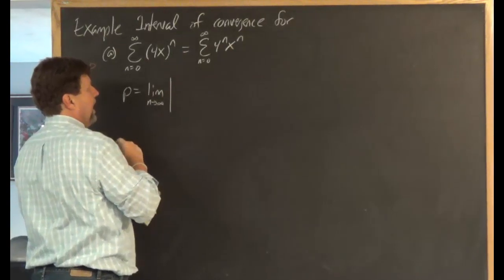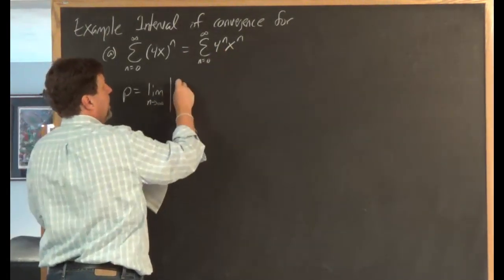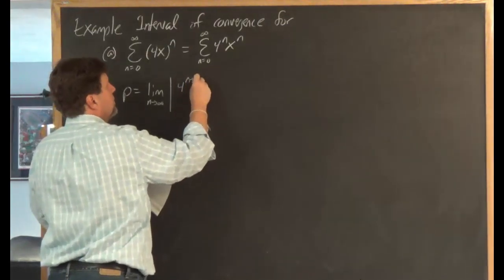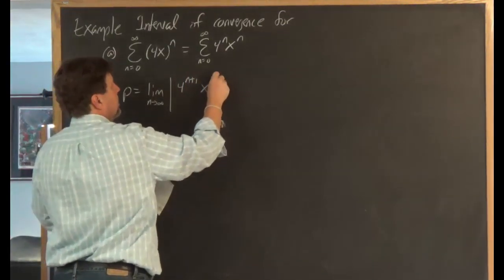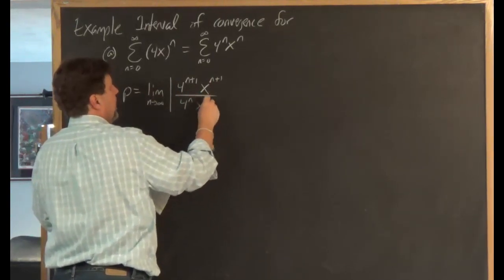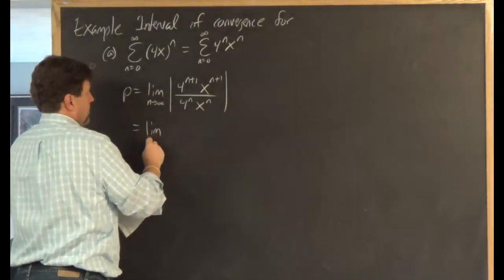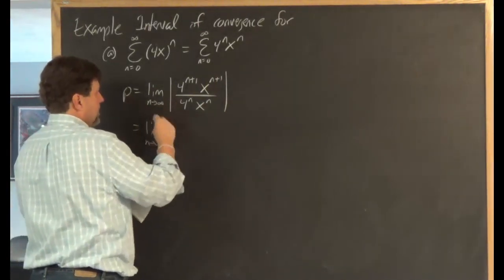So let's see, a sub n plus 1. That would be 4 to the n plus 1, x to the n plus 1, over a sub n, which is 4 to the n, x to the n. Here this doesn't look too bad.